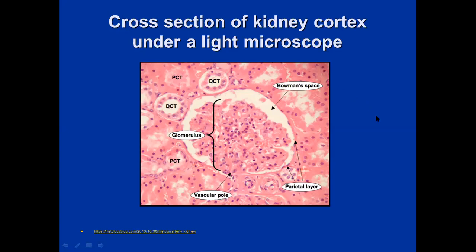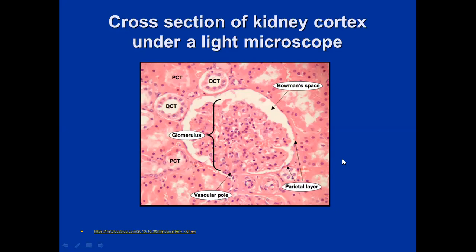Because the cortex is made up of so many thousands and thousands of nephrons, it doesn't mean that this proximal convoluted tubule belongs to this nephron. It might belong to another one. Between them you've also got all these tiny little blood capillaries. There's a blood capillary, and another one.